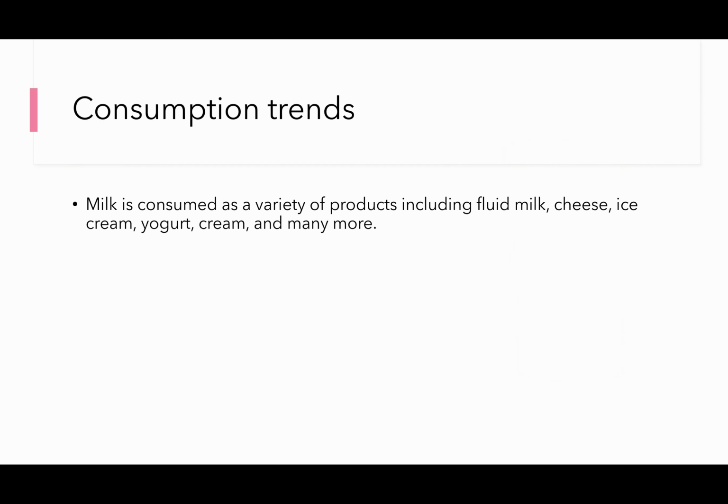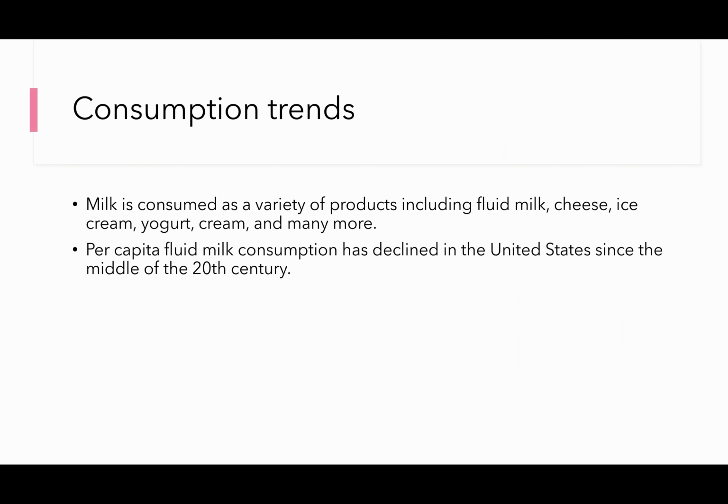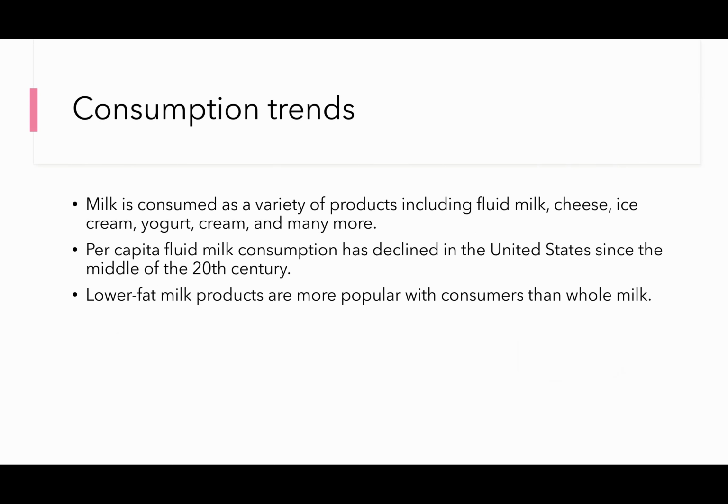There's also cheeses, ice cream, yogurt, other creams, etc. The fluid milk consumption has declined steadily over the last few years, and it's more popular for consumers to have milk of lower fat rather than that of whole milk.